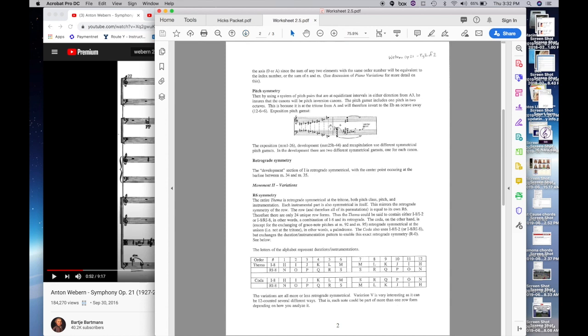Now, the other really cool thing about this is I've put this here, and you remember that the piano variations was drawn from, now I can't even remember how many notes it was. Anyway, a limited pitch gamut. Well, this is even more limited. In fact, there's only one pitch per pitch class.